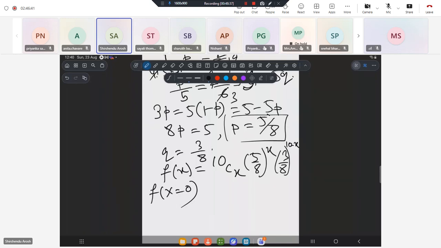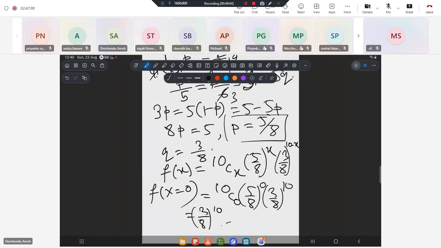So that is x is equal to 0. There should not be any success. Just put the value x is 0, so (3/8) to the power 10. That's how basically we need to deal with this kind of problem. So this is the meaning of the binomial distribution.